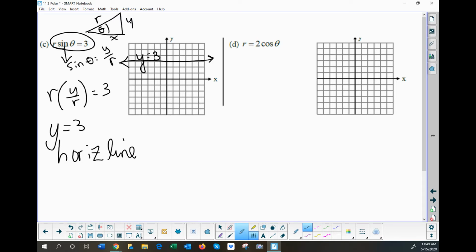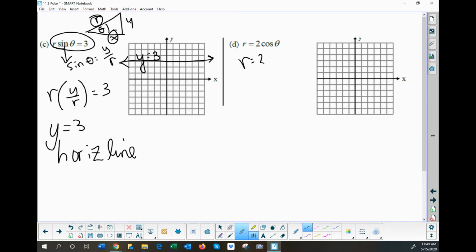Finally, our last one. What might we want to do? Remember, our goal is to get x and y's involved. I'm kind of thinking about squaring both sides. Yeah, maybe. What if I did, let's replace cosine.